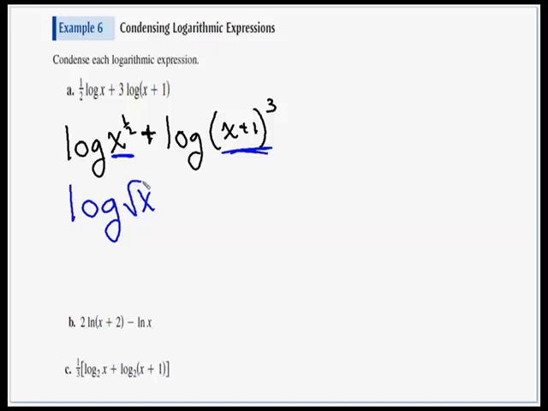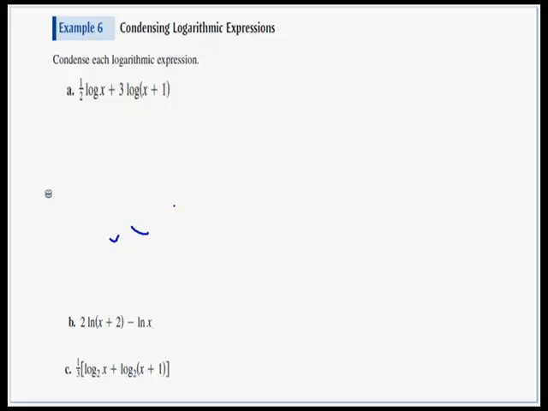So let's rewrite that as square root of x, and then we multiply it by the other term, x plus 1 to the third power. So we took what was a couple terms added together and turned it into the log of a single value. So if it's addition, you turn it into two things being multiplied.